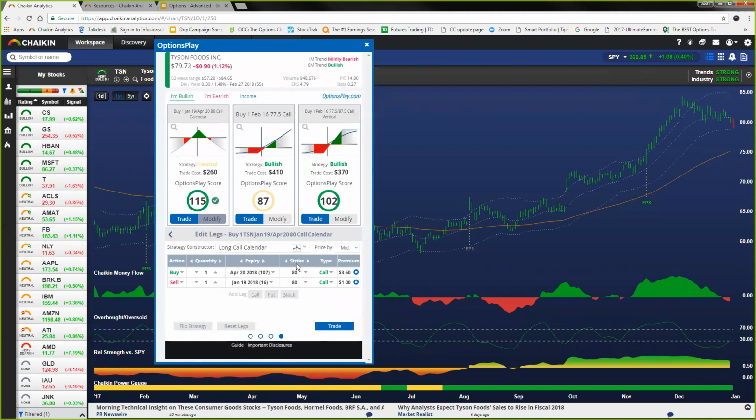I wouldn't necessarily do it at the money on these, because what you want in a regular calendar spread is for the price to stay below that strike in that time, and then eventually get above this strike in that amount of time.